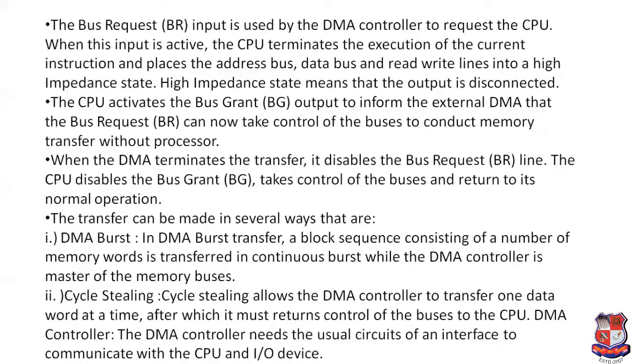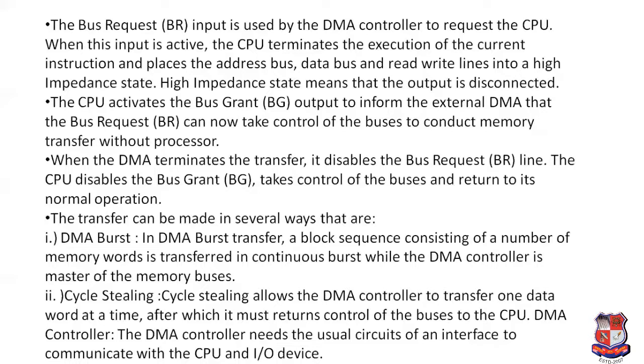In DMA burst transfer, a block sequence consisting of a number of memory words is transferred in a continuous burst while the DMA controller is master of the memory buses. Cycle stealing allows the DMA controller to transfer one data word at a time, after which it must return the control of the buses to the CPU.